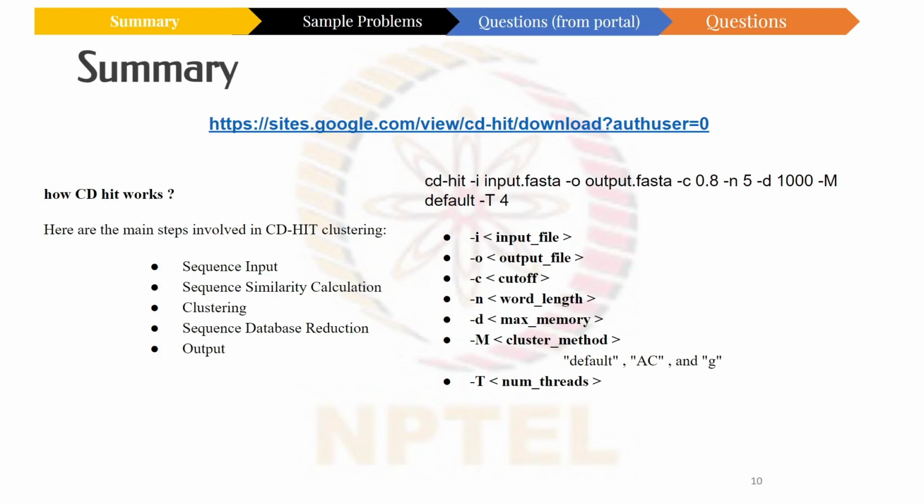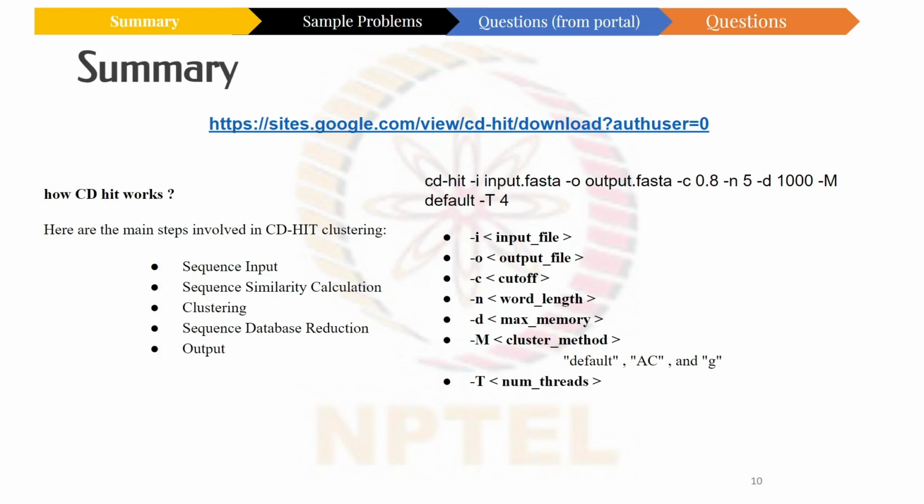Similarly, the -t flag tells about the number of threads. This number of threads is a concept of parallel processing, so it can speed up the clustering process on multi-core computers, servers, or high-end computers. Here I am showing an example usage of the CD-HIT command.